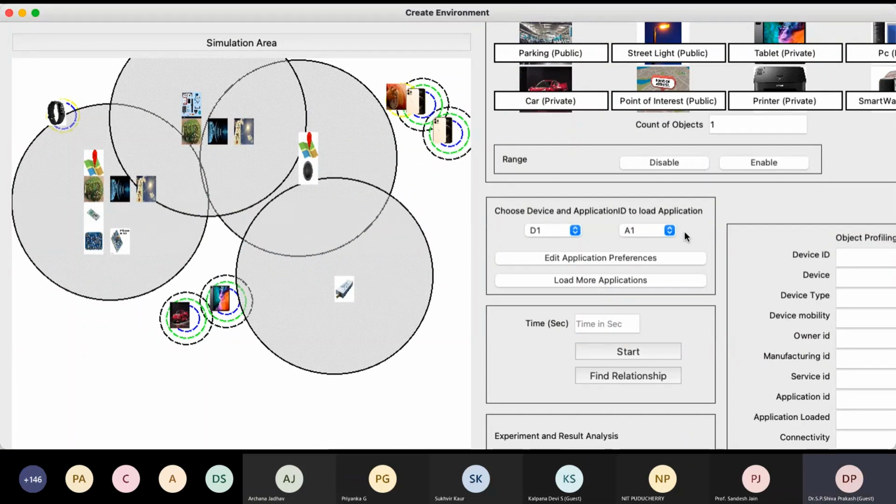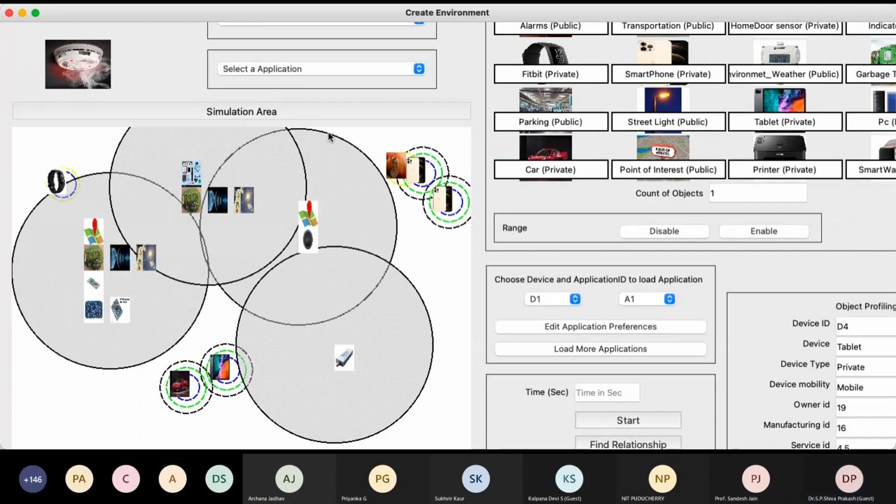Now, where do we load these applications? We have an option for that. I choose a device. This device can be used for any of these applications, say A10, or any other device.